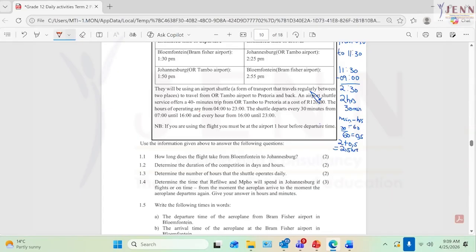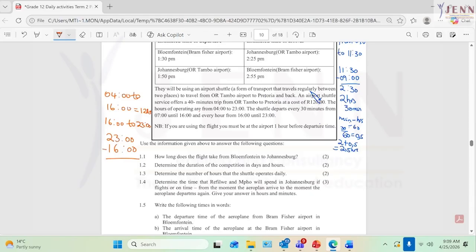We can say from 4 in the morning to 16 hours, which is 4 in the afternoon, is equal to 12 full hours. Then from 16 in the afternoon to 11 in the evening, we subtract 16 from 23.